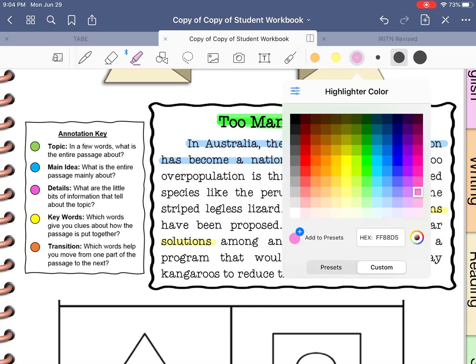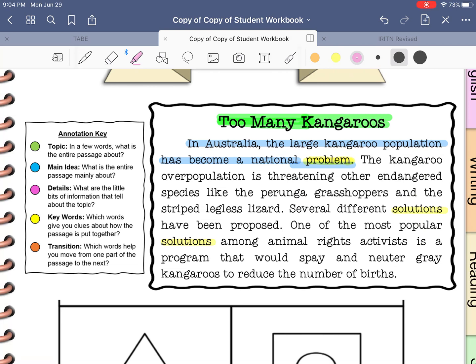Details. Kangaroo overpopulation. That is a problem, meaning there are too many of them. So why is that a problem? Well, it's because it's threatening other endangered species. What are some ways to fix the problem?